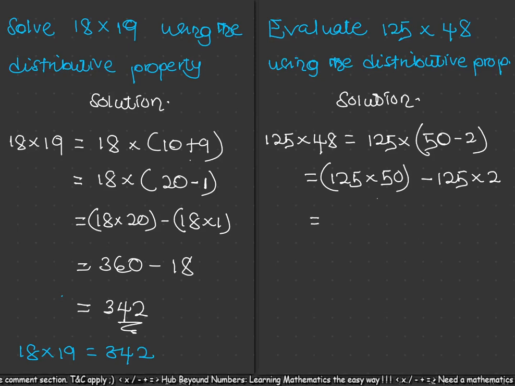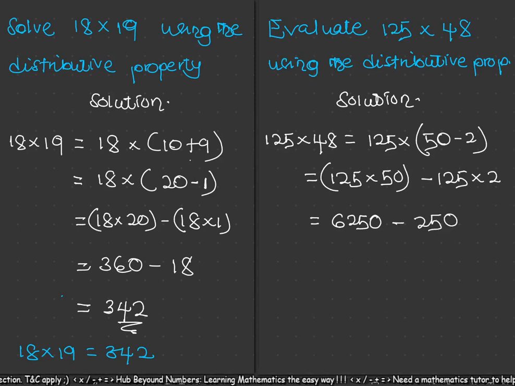So 125 times 50, you can just evaluate 125 times 5. If you know your powers of 5, you can easily do this. So we have 625 and then your 0, minus 125 times 2 gives us what? 250.